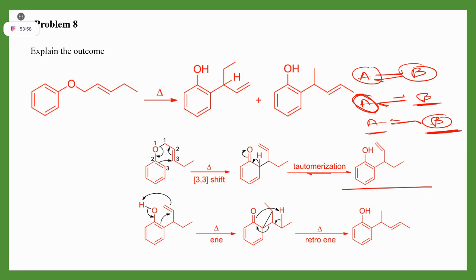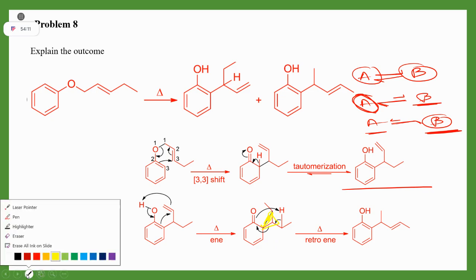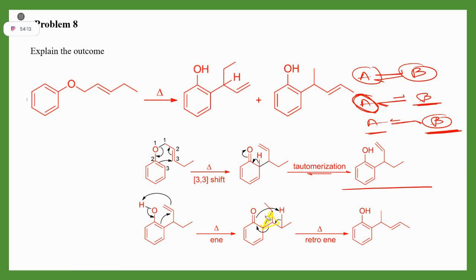This three-membered ring has been formed, right? And you know that three-membered rings are unstable. So the retro-ene reaction will take place.